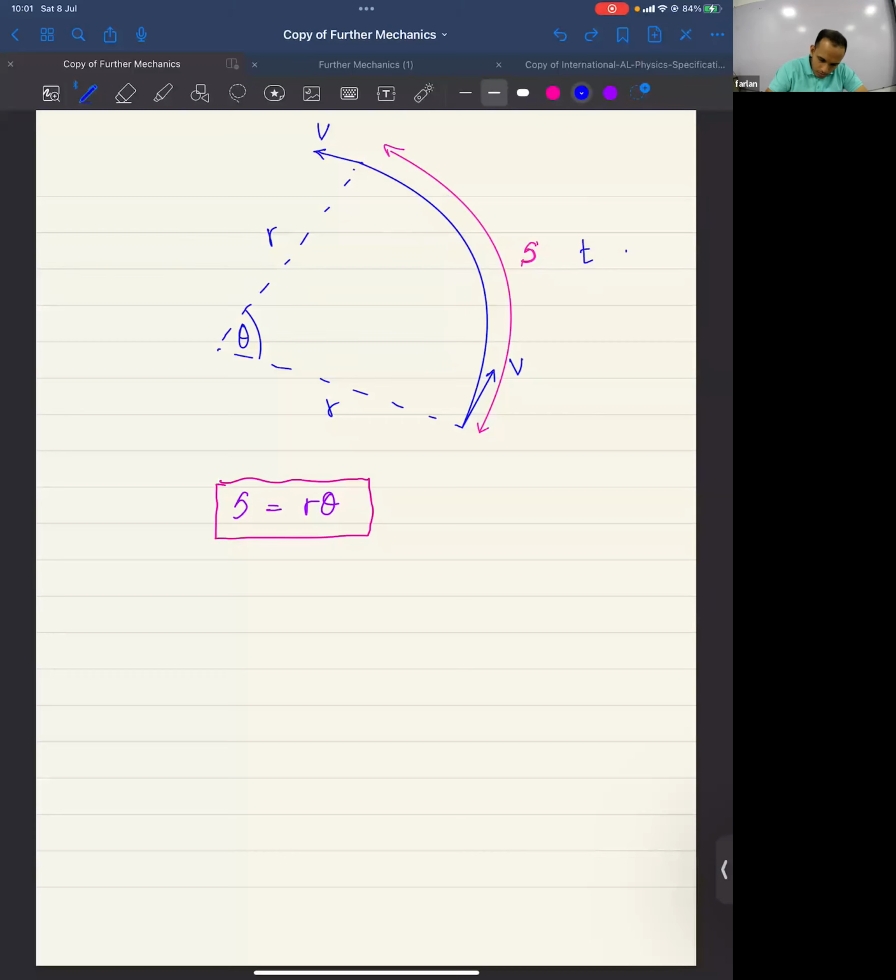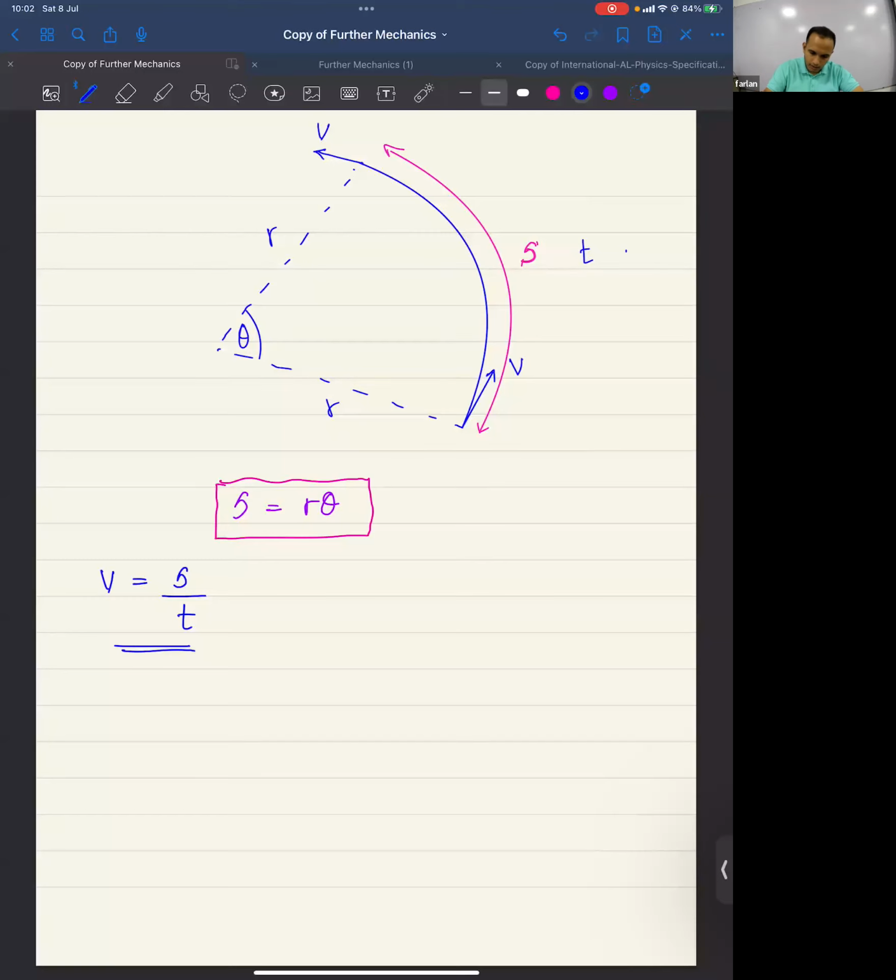v will be equal to s over t. Yes or no? v is the speed. No? Speed is equal to distance traveled over time taken. So v will be equal to s over t. Agree?